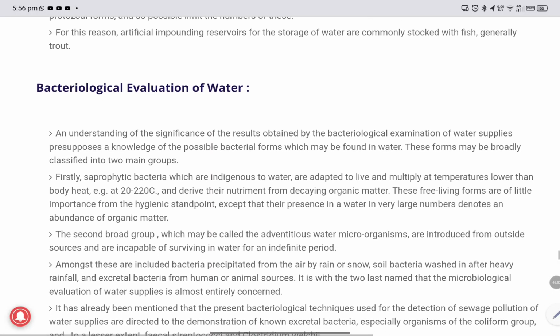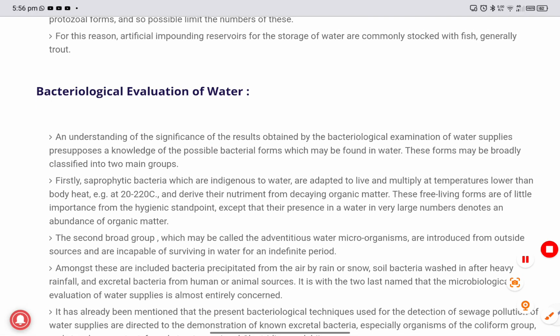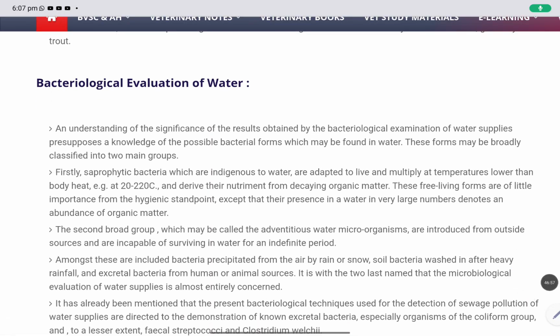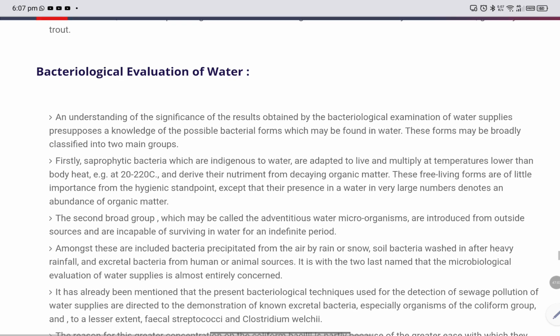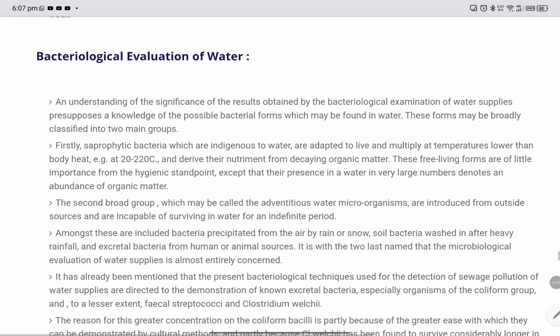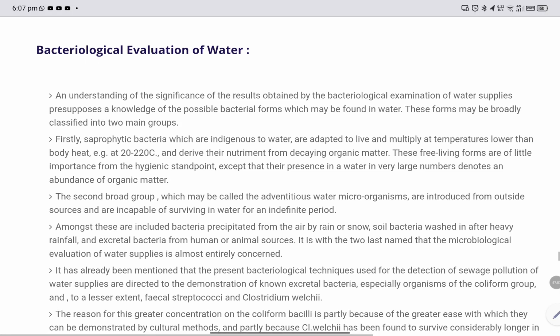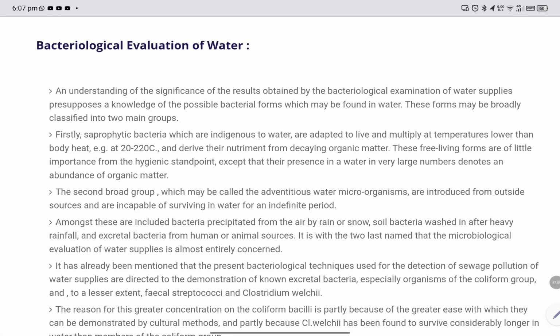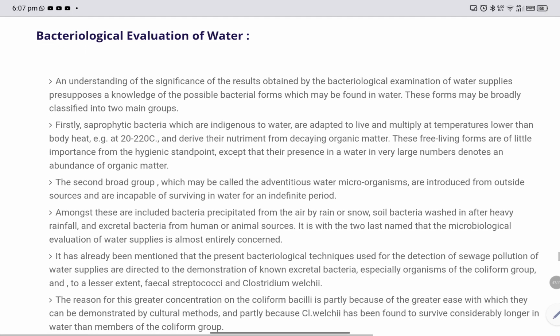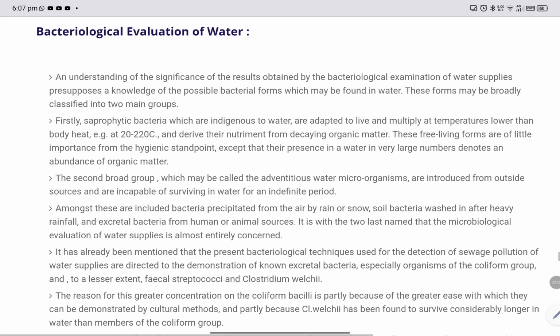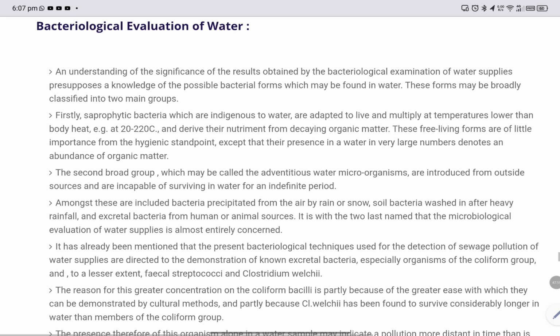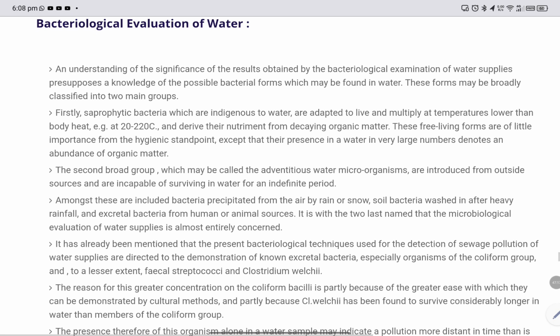Bacteriological evaluation of water. The significance of the results obtained by the bacteriological examination of water supplies presupposes a knowledge of the possible bacterial forms which may be found in water. These forms may be broadly classified into two main groups.